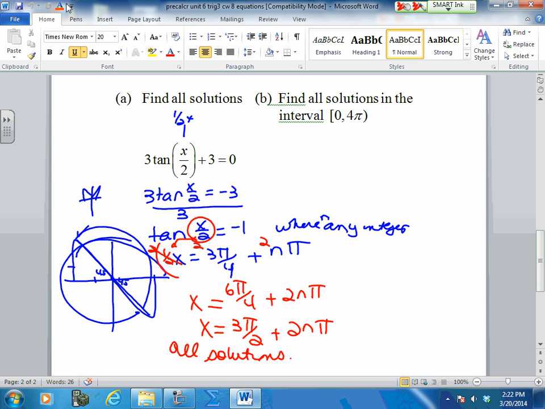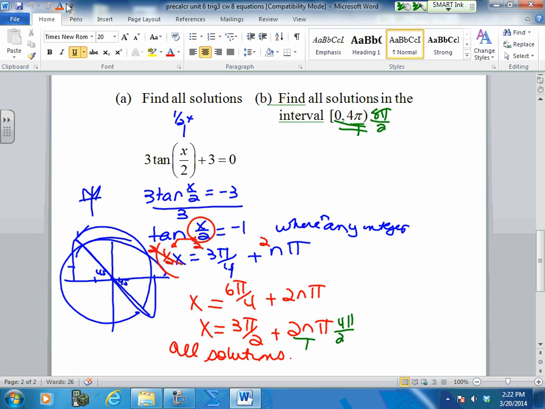If we want our solutions between 0 and 4 pi, then we have to set 4 pi up so that we can use the same denominator. Let's put it into 2's. So 8 pi over 2, and 2n pi over 1, set this up with a denominator of 2.